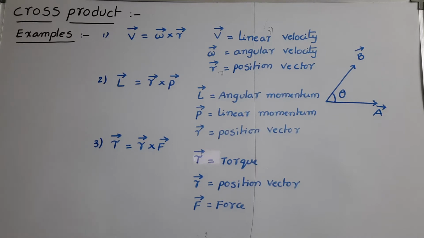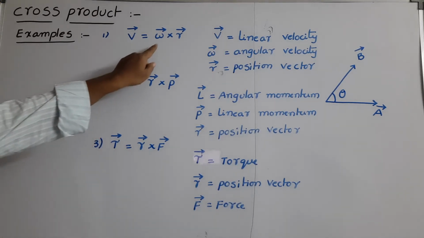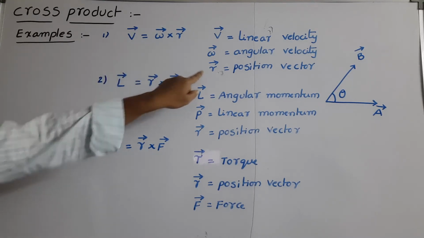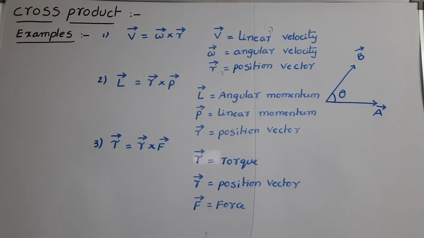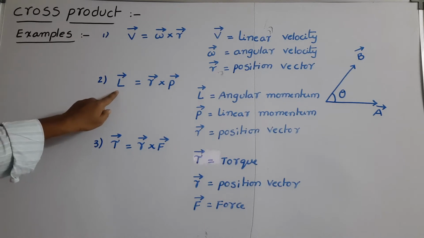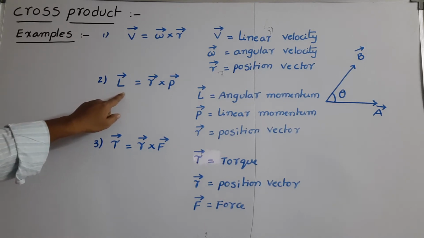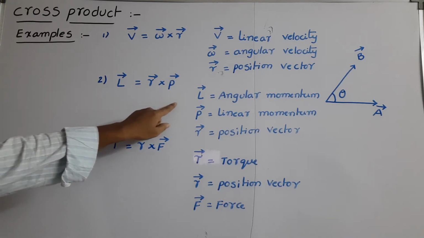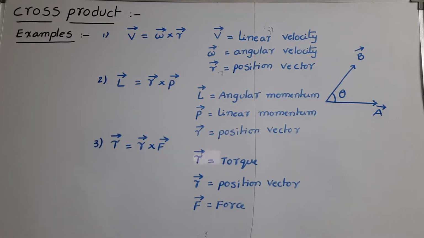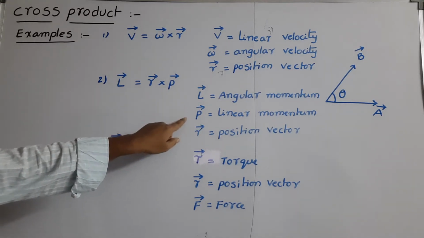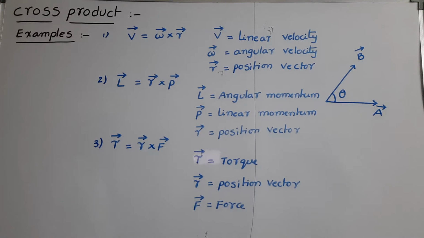Examples for cross product. First one, v bar is equal to omega bar cross r bar, where v bar is the linear velocity, omega is called angular velocity, and r bar is a position vector. Second example, angular momentum L bar is equal to r bar cross p bar, where L bar is the angular momentum, p bar is the linear momentum, and r bar is a position vector.